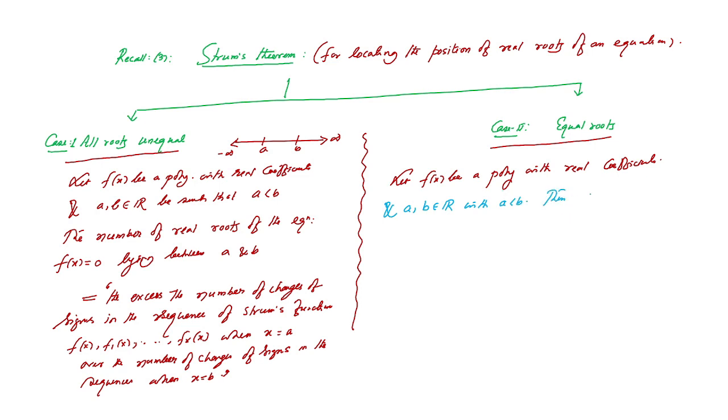Then the number of real roots of the equation f(x) equals 0 lying between a and b.